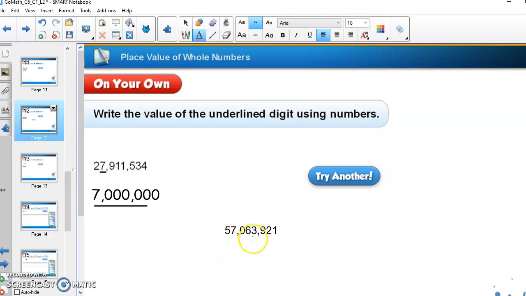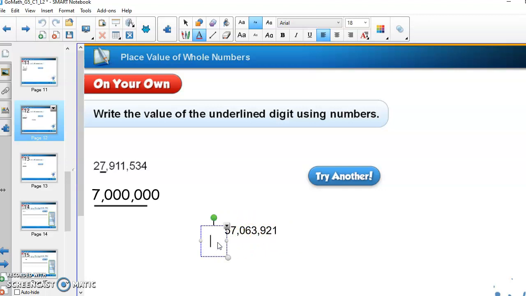So that's what you're going to need to do. Come up with any number that's 8 digits long, and under it you are going to write expanded form and word form for this number. So they just want you for number 13 to write an 8-digit number and then rewrite that number in expanded form and in word form.